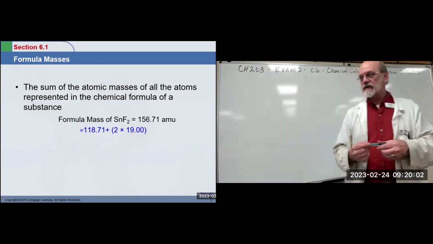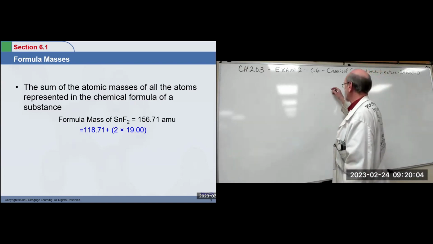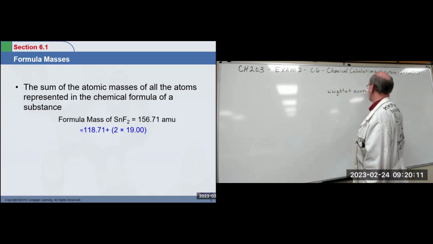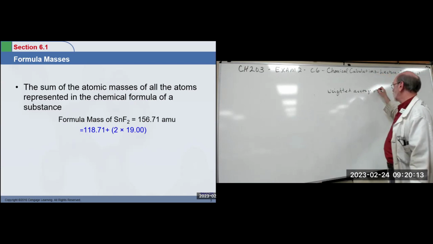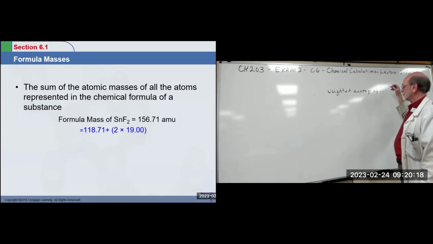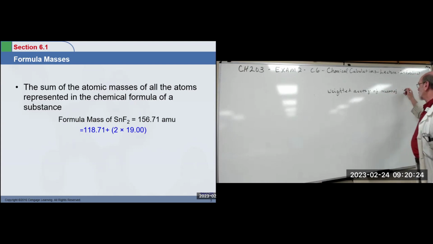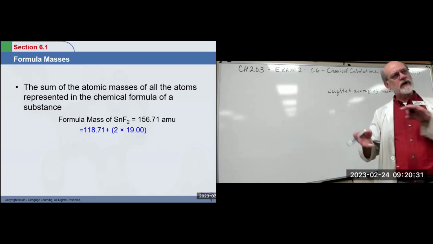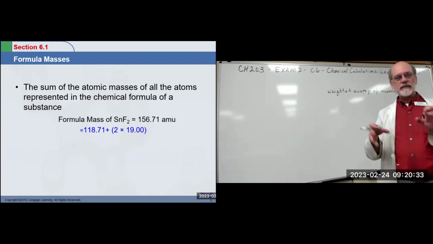Atomic mass is the average, is the weighted average of masses of isotopes. We covered isotopes, didn't we?